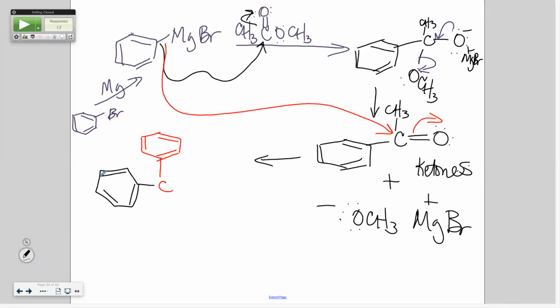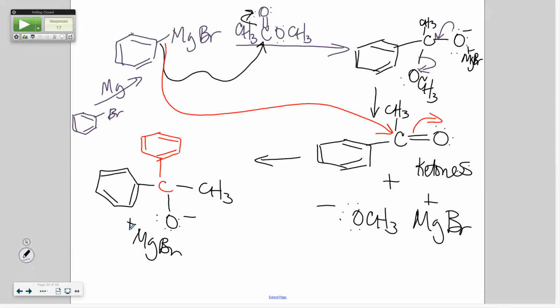What else is on there? The methyl and the O, and what does the O got? Three lone pairs and a what charge? Negative. What's the counter ion? Same one it was before, MgBr plus. Now this time, can the O minus come back in and kick out these things? No, because they're all carbon-carbon bonds.